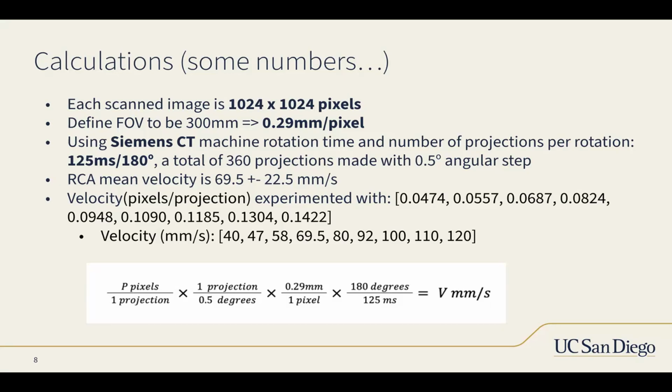To gauge what velocities we should choose, we looked up the average velocity the RCA moves at, which is around 69.5, give or take 22-ish millimeters per second. So these are the values of the velocities that we used. And this is the calculation used to convert it to pixels per projection, which is used in the MATLAB simulation.